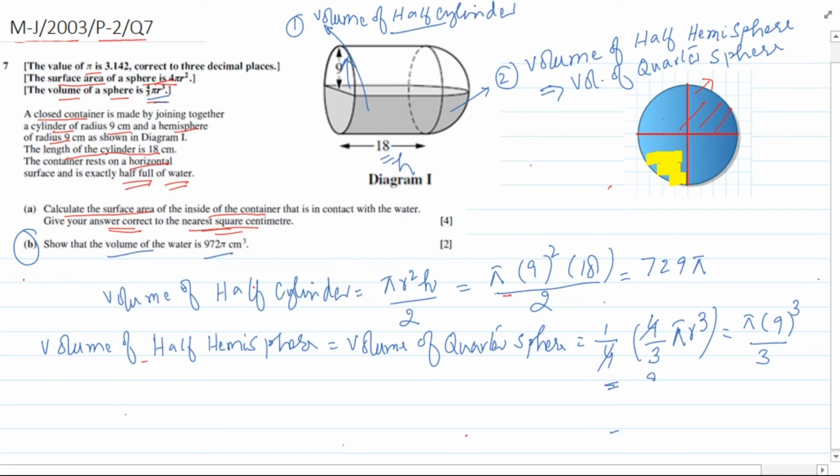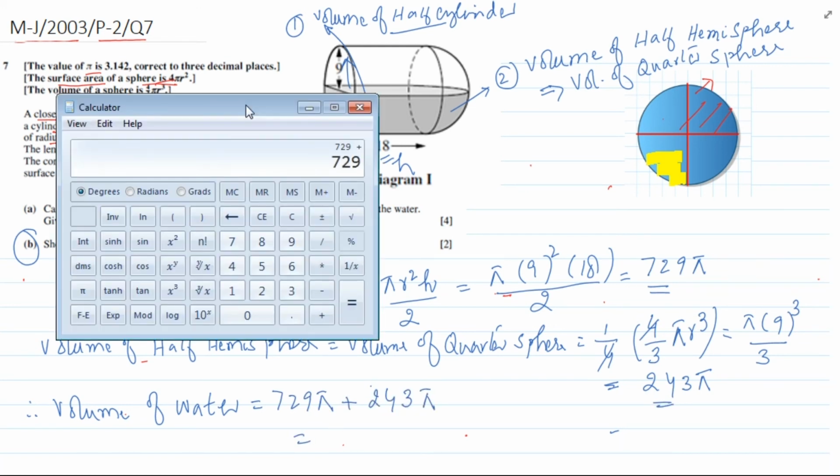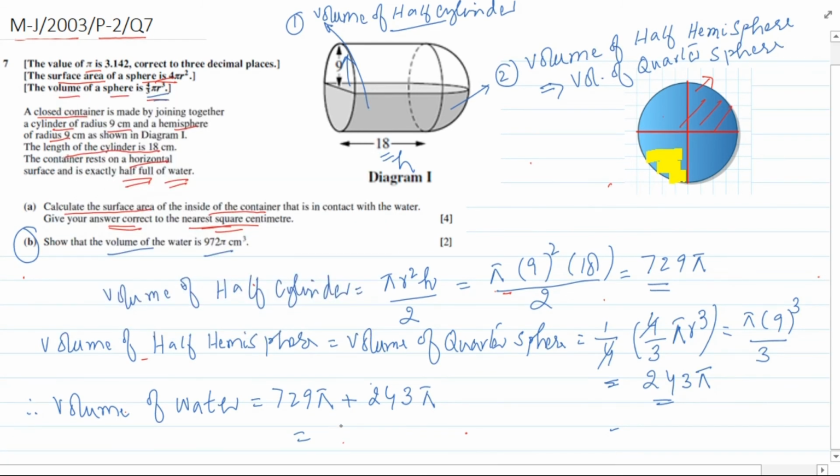This is equal to 243π. Therefore, the volume of water, adding the two values, is 729π plus 243π. We get 972π. It is shown as per requirement.